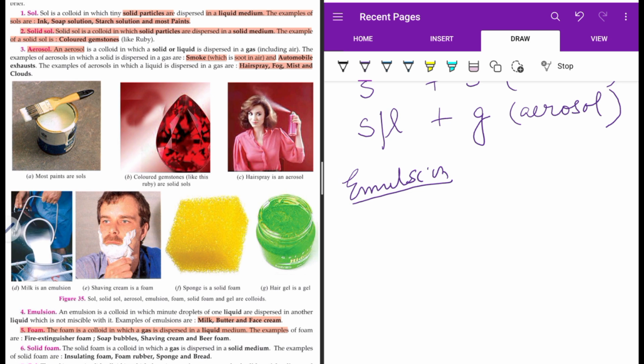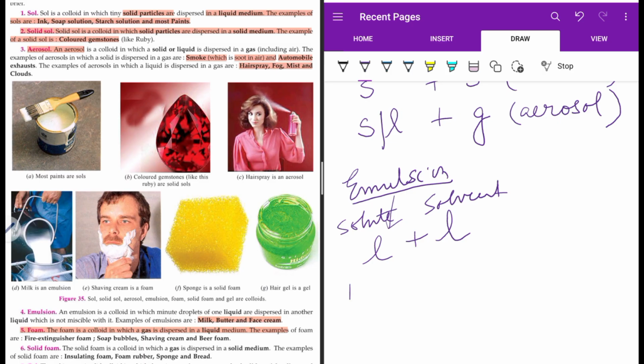Face cream, these in the market are known as vanishing cream. So an emulsion is a colloid in which minute droplets of one liquid are dispersed in another liquid. So the solute is liquid, the solvent is again liquid, and it forms an emulsion.